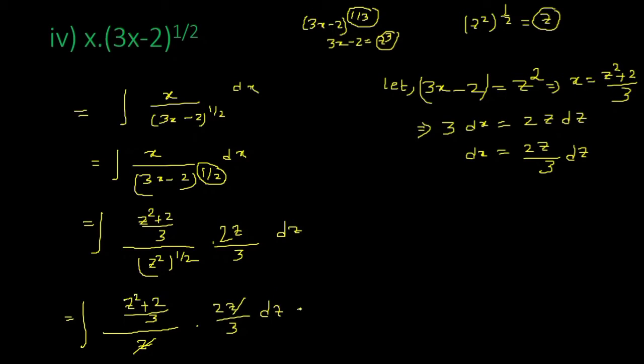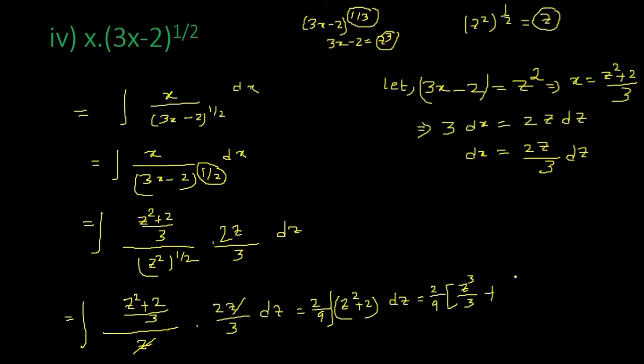So here it will become 2 by 9 integration of z square plus 2 dz. Now we know the integration of z square is nothing but z to the power 3 by 3, using the formula x to the power n plus 1 by n plus 1.